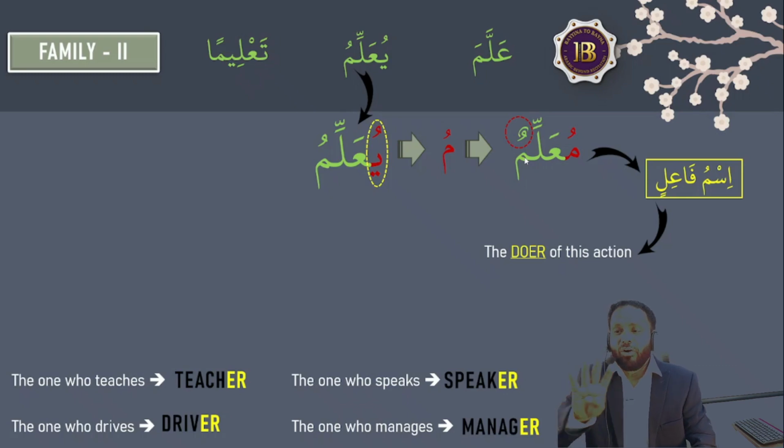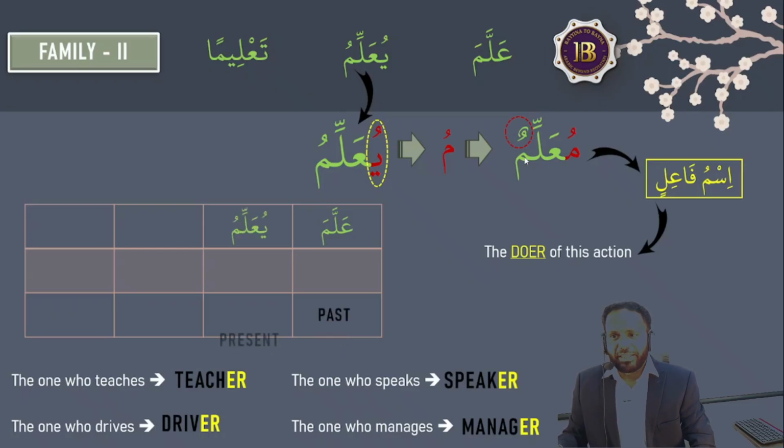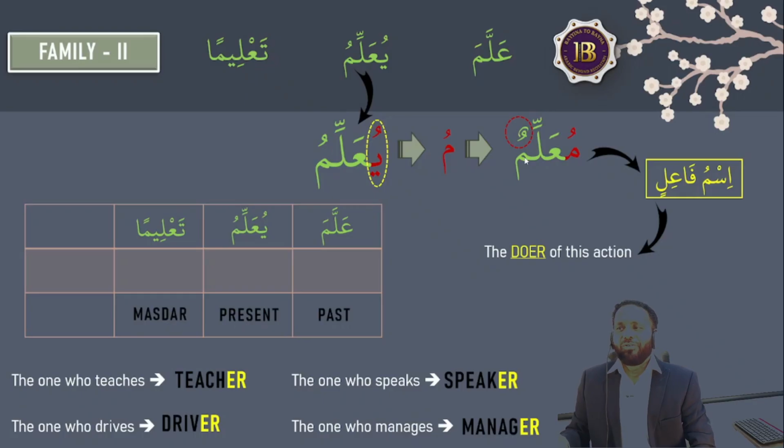So we got the fourth member of the family. Earlier we studied three members: past tense, present tense, masdar. Now you added one more member to the family. It is called ism fa'il. So allama, okay, first member past tense, second member yuallimu, present tense, third member taliman, masdar, idea. Fourth member is, we say fahuwa muallimun. So it is muallimun.